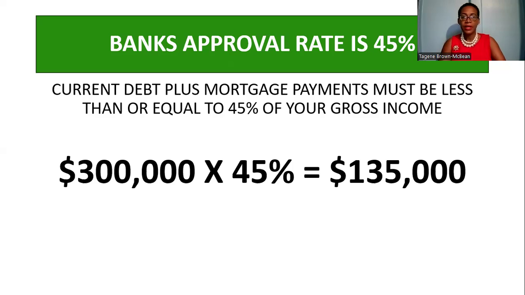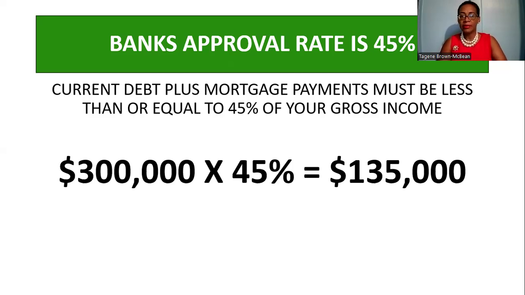All right. So here we go. Your current debt payments plus your mortgage payments must be less than or equal to 45% of your gross income.